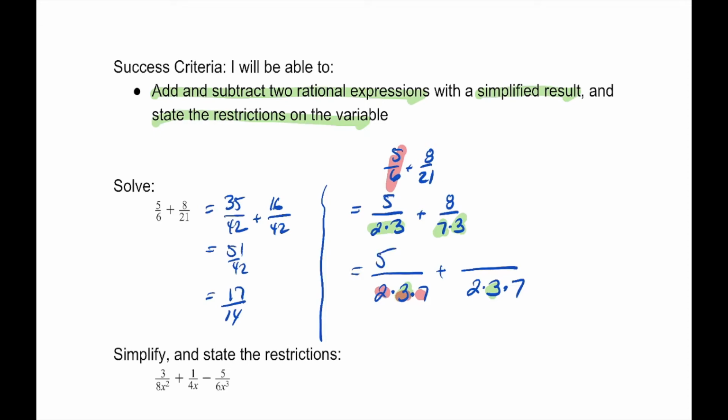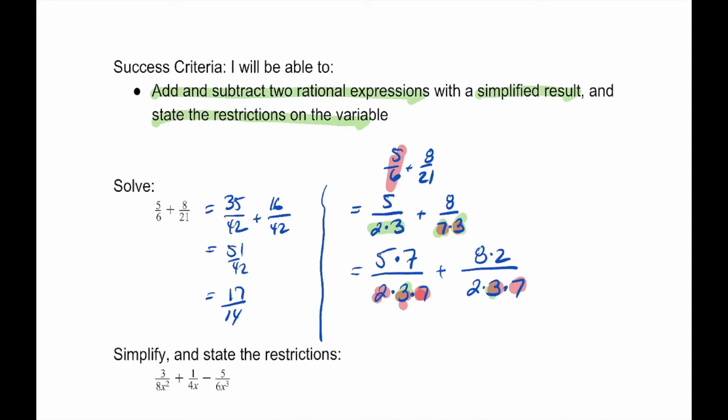What we multiply by, well, it's already originally 2 times 3, so we had 2 and 3 in the denominator, we multiply by 7 in the denominator, so we have to multiply by 7 in the numerator as well. We look at our other fraction, well, originally we had 7 times 3, and now we have a common denominator of 2 times 3 times 7, so there's already 3 in the 7, so in this case we have to multiply 8 by 2.